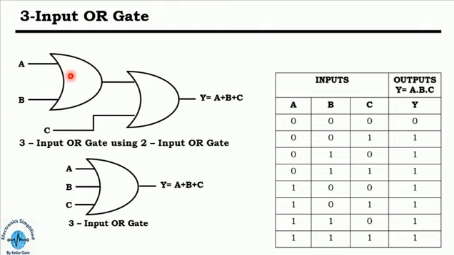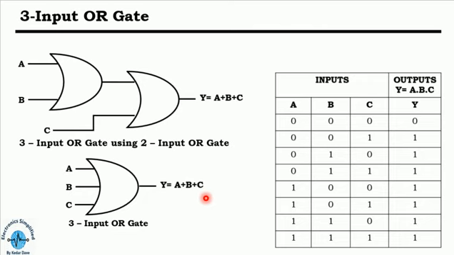Here we are taking 2 inputs at the first OR gate, and after that the output is provided with the third input at the second OR gate, and the Boolean equation is y equals a plus b plus c, where the plus operator represents the OR operation. This is the basic circuit symbol of the 3 input OR gate, and this is the particular truth table for the 3 input OR gate.